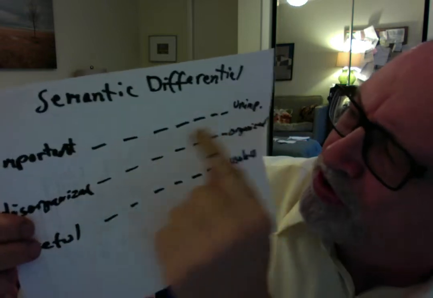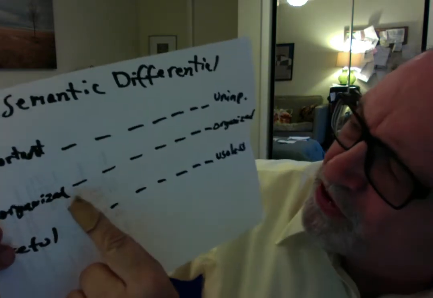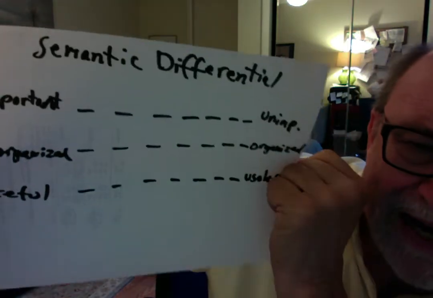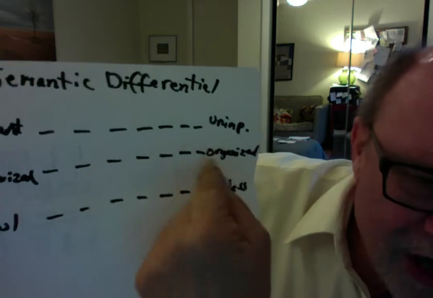Important or unimportant, people check where they feel along there. Do you feel disorganized in your job or organized? You put a check in there. Useful or useless? Put a check in here. That's the semantic differential. It's a common ordinal method for measuring people's attitudes on things.